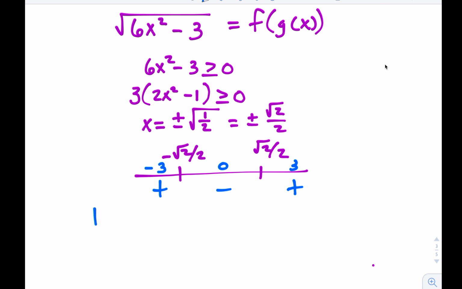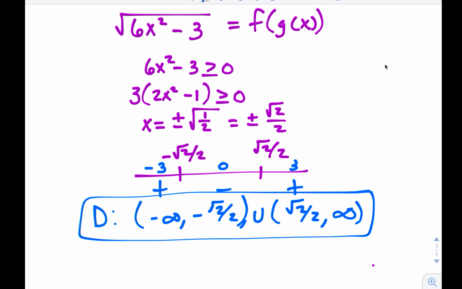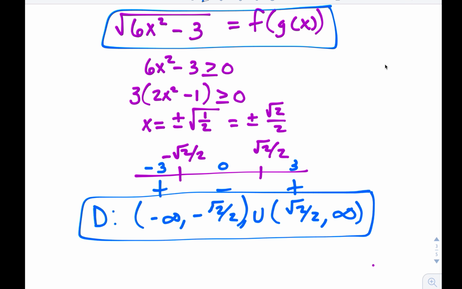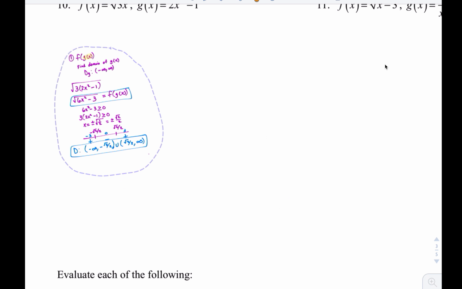Okay, so your domain for this one is going to be from -infinity to -√2 over 2, and then union with √2 over 2 to infinity. All right, so like I said, guys, you're probably not going to have one that's going to be that tricky. All right, so let's move on to the next one.